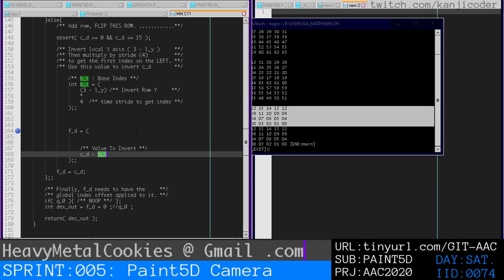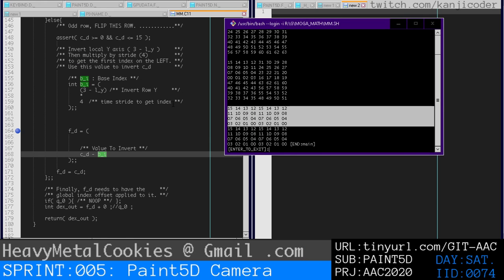So this base index that we're using, times 4, is incorrect somehow.